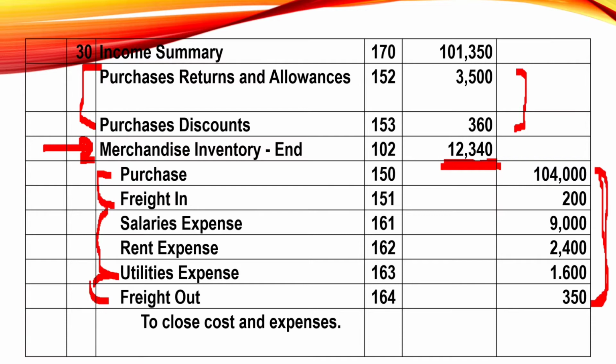How do we get the income summary? First thing first, i-add ni tanan. Kani siya tanan, i-add. After that, i-minus siya sa mga accounts nga naa sa debit. So, i-add tanan, minus 3,500, minus 360, minus 12,340 is equal to 101,350. The question is, asa na to ibutang si income summary?